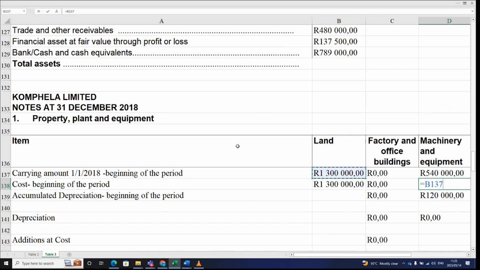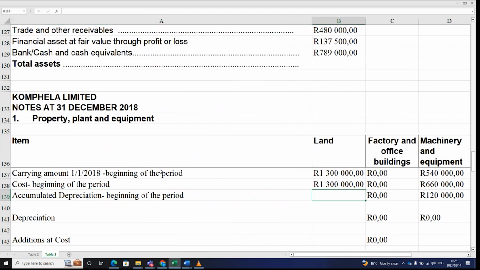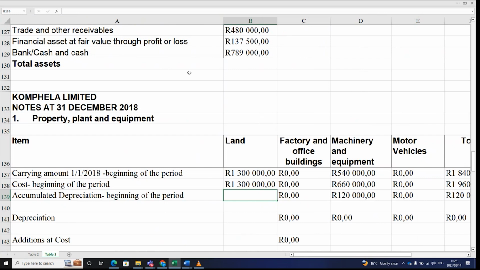So to work backwards from the carrying amount, we say accumulated depreciation plus the carrying amount will give us the cost at 660,000. Let's just move this here.